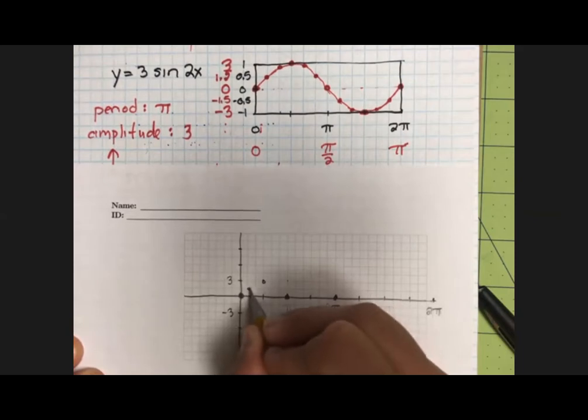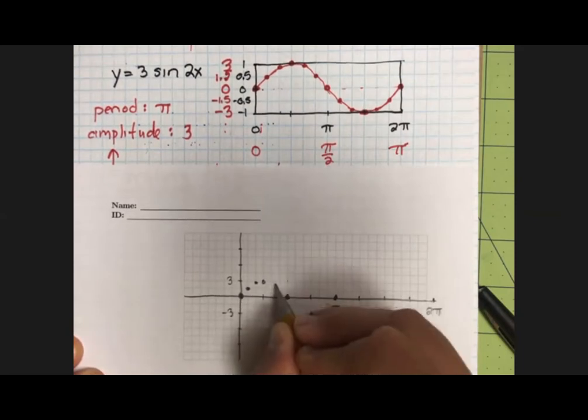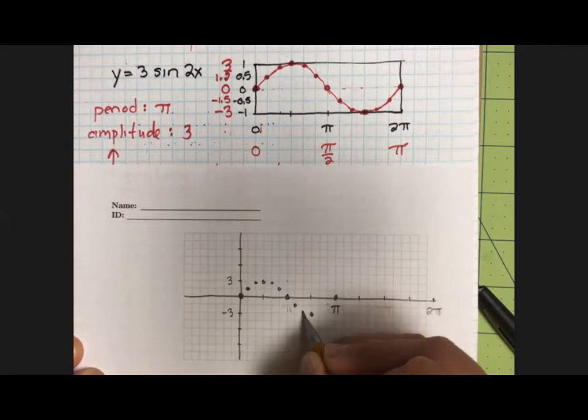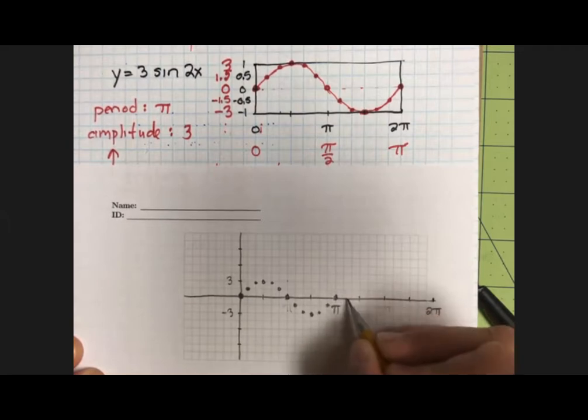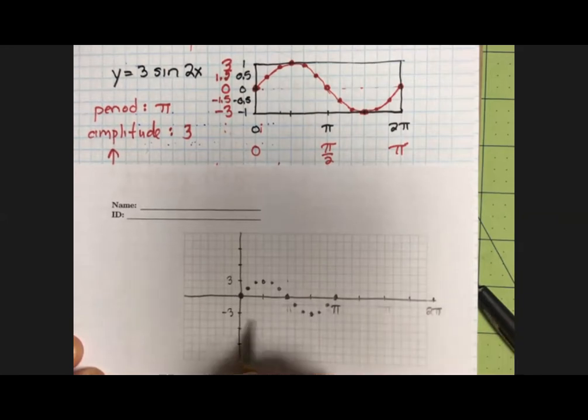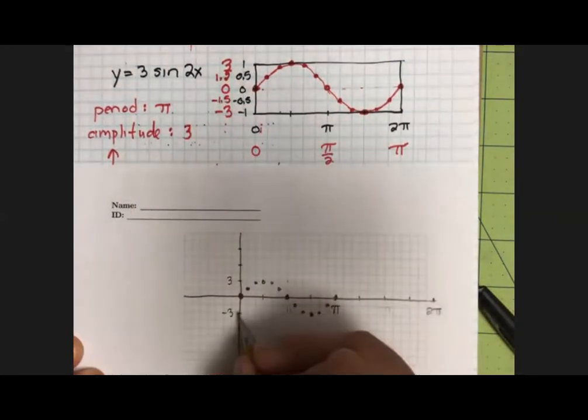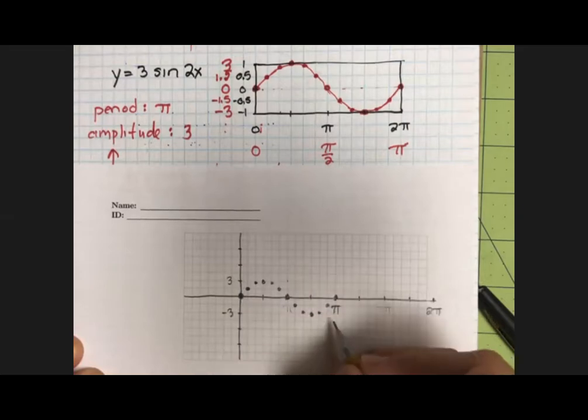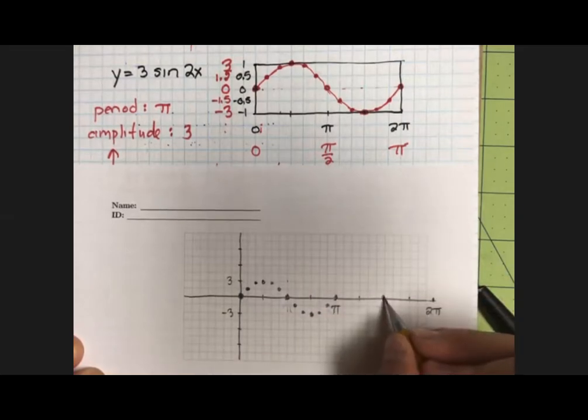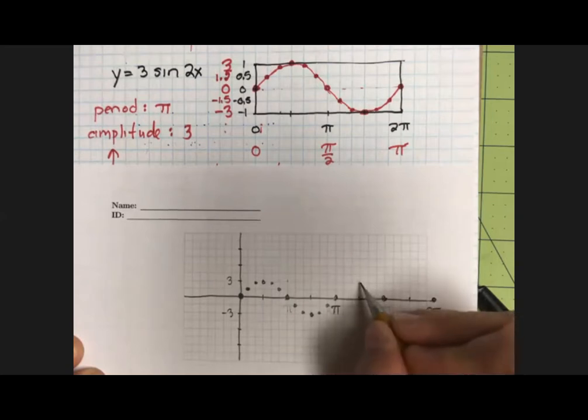Then I have a half, nearly high, a half, down, a half, nearly low, 1 half. And there's a full period of pi in this graph and a full amplitude of 3 up and down. Now I repeat myself for the next period.